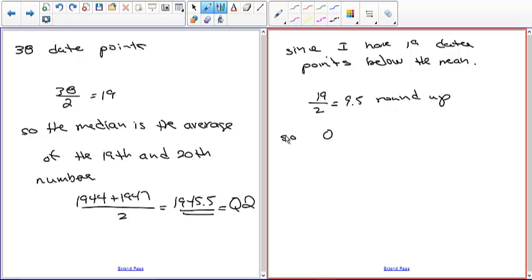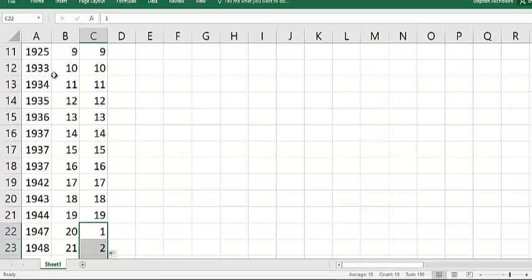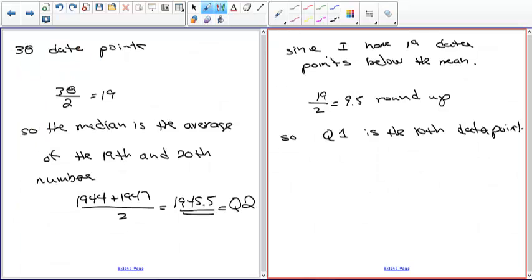So Q1 is the 10th data point, which is the same as the previous one because I erased the numbers on the top. So I go back to my list and ask, what's the 10th data point? It's 1933. So Q1 is still 1933, same as the previous problem.